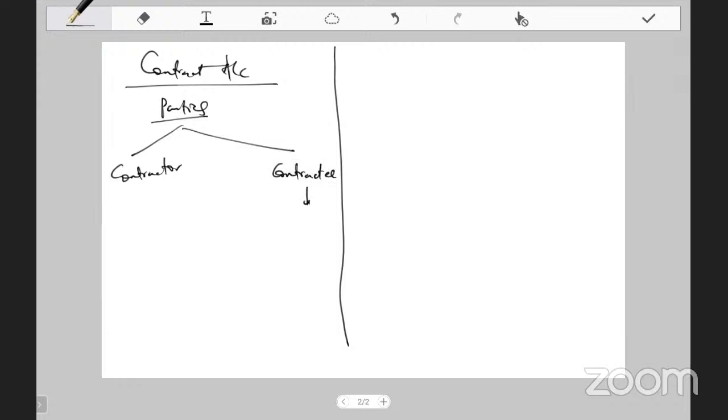The contractee is the owner of the contract, while the contractor is the agent to execute the contract.